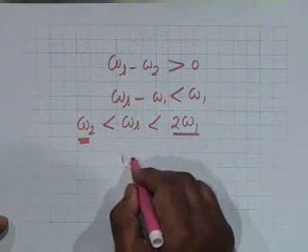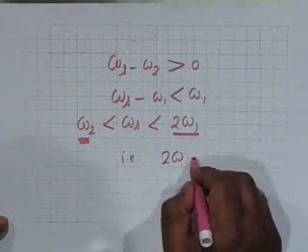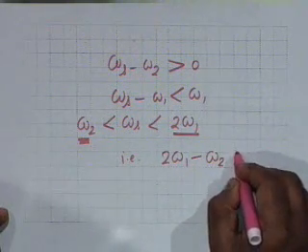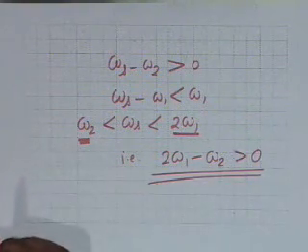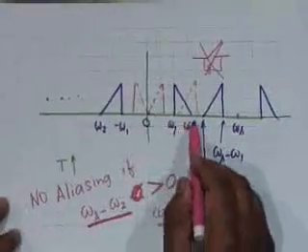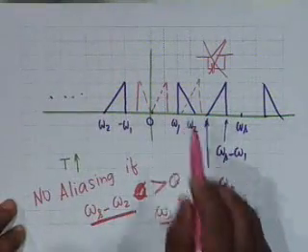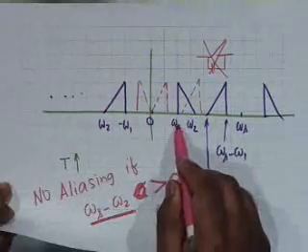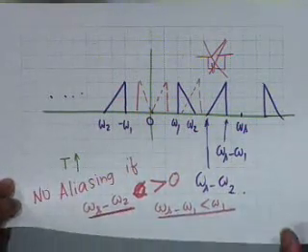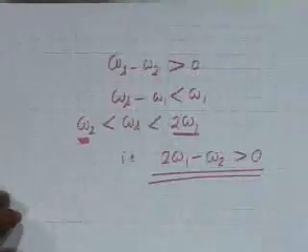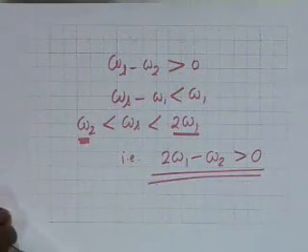That is, the restriction is 2 omega 1 minus omega 2 must be greater than 0. This is the only restriction that you apply to this signal. That is, the bandpass signal must be such that 2 omega 1 minus omega 2 is positive. Alright. If that happens, then what would your signal look like?